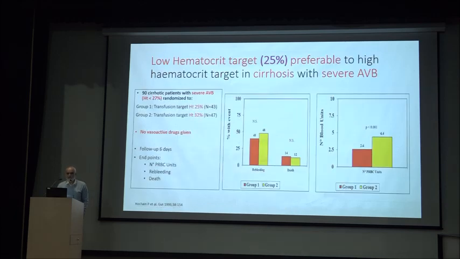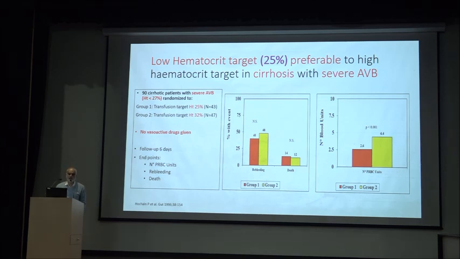This was the first study which showed that a low hematocrit target, that is 25%, is preferable to a high hematocrit target in cirrhosis with severe acute variceal bleed. In this study, 90 cirrhotic patients with severe bleed, defined as hematocrit less than 27%, were randomized to group 1 where the transfusion target hematocrit was 25% and group 2 with a target of 32%.